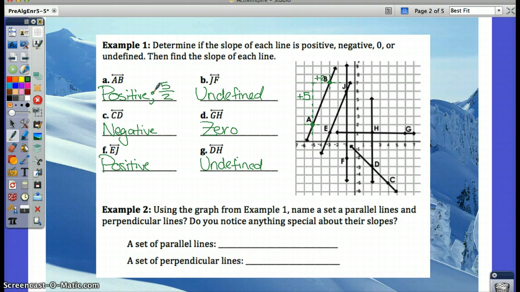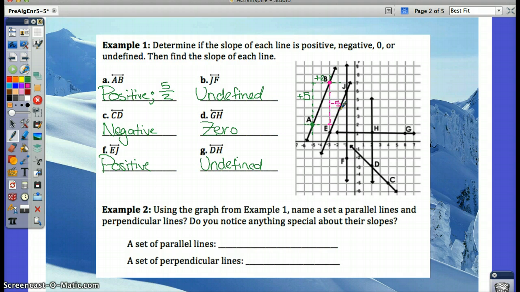Now I do want to show you, you can also count it from the other points, starting with B and going to A. Let's try this. If we started with B, how many would I rise to get to A? Well, I would actually have to fall, so this would be what type of number? Negative. I would fall till I get on the line with A. 1, 2, 3, 4, 5. It'd be a negative 5.